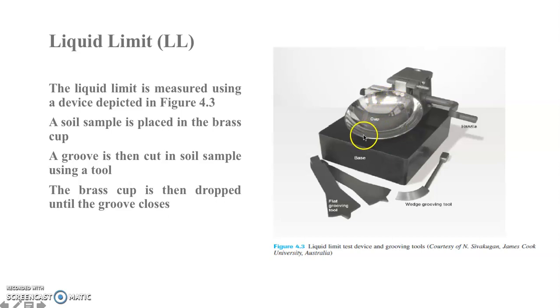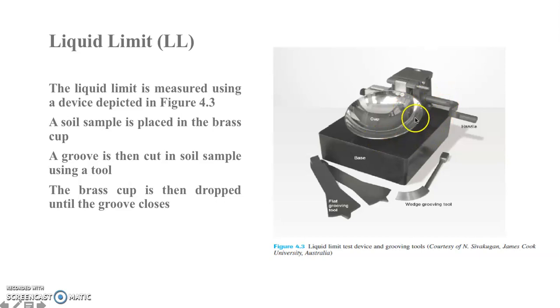After you have split the middle part of the soil sample, you're going to use the handle and make 360-degree revolutions. As you revolve it, the brass cup goes up and it goes down. As it goes up, goes down and touches the base, that is one revolution or one blow.